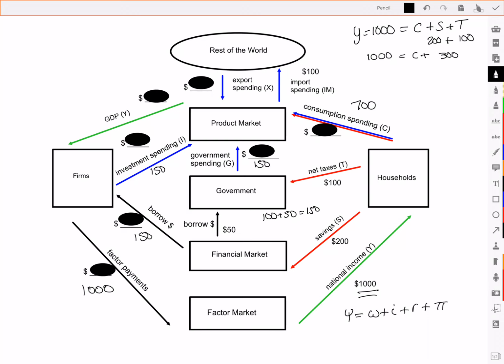Well, what do they do with it? They're not going to use it to buy goods and services in their own country. It really only has value if they use it to buy things from us or they invest in our businesses. So if import spending is $100, export spending has to be $100 as well in this simple economy.